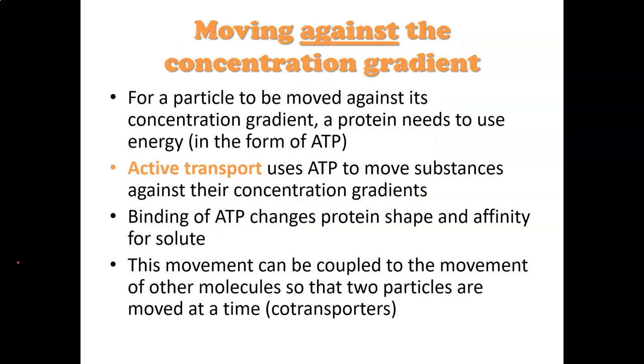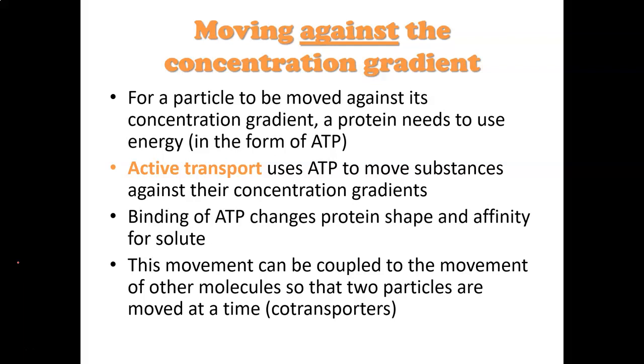Okay? What if you wanted to move things against their concentration gradient? This is going to be a little bit more difficult because particles don't naturally want to move that way. So in order to get the particles against their concentration gradient, you got to give them a little kick in the butt. You got to give them a little bit of energy in the form of ATP.